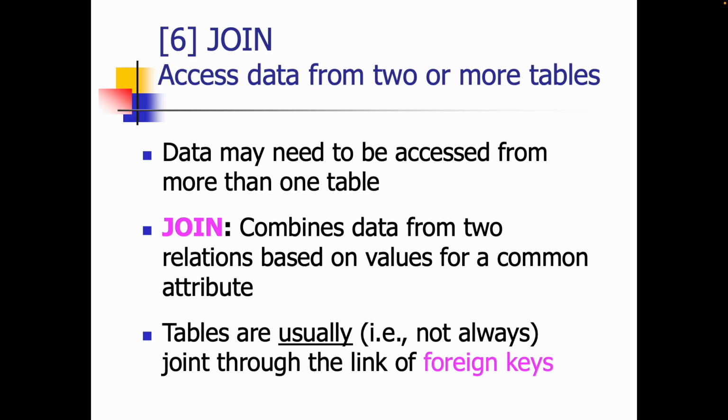Now let's start with joins. I quickly mentioned that sometimes you want to select data from more than one table. For example, you may want to find grades for all students, or for specific students with some conditions.